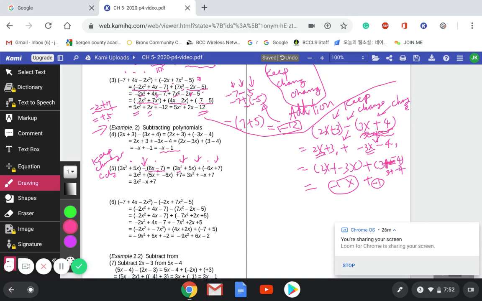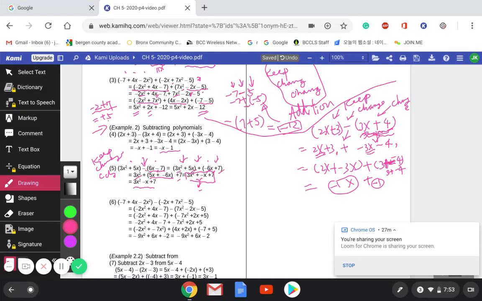So 3x squared alone, 5x with a negative 6x here, combine them, and plus 7. So 5x plus negative 6x is negative 1x or negative x, because the bigger absolute value is 6, which has a negative sign. So you end up with this. When you have a plus negative, you can change it to minus. So you end up with 3x squared minus x plus 7.